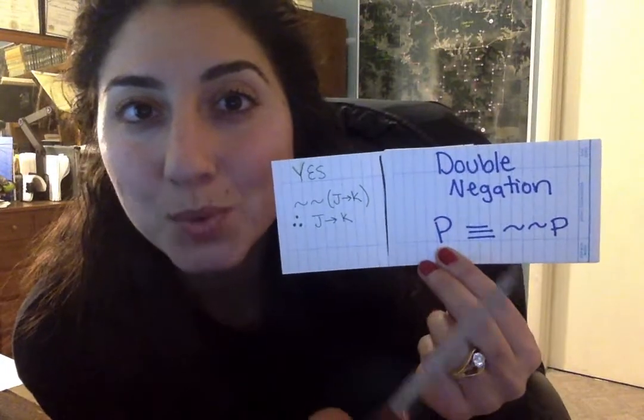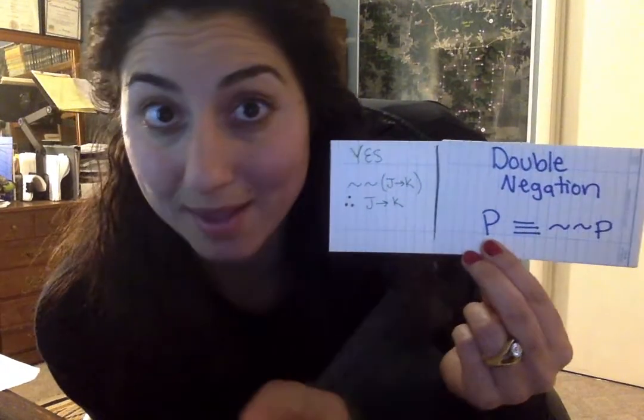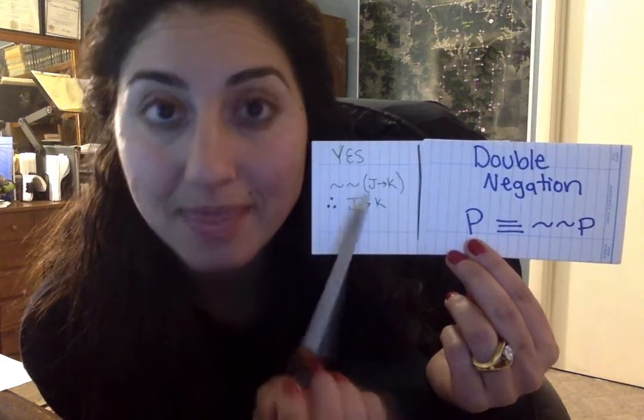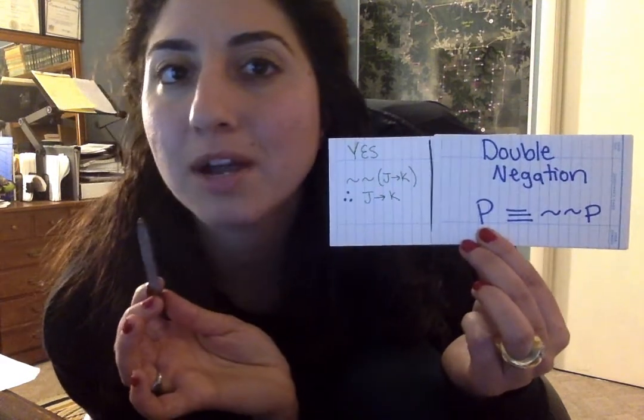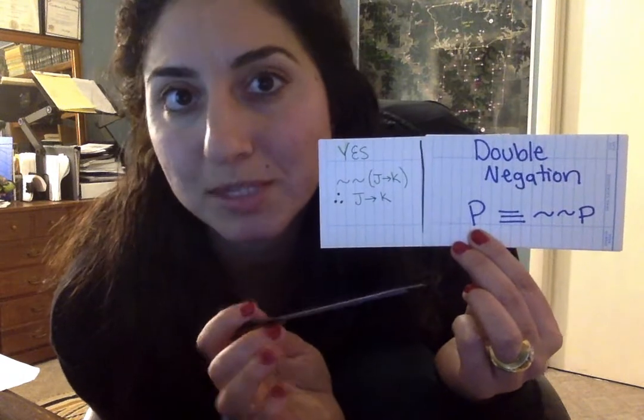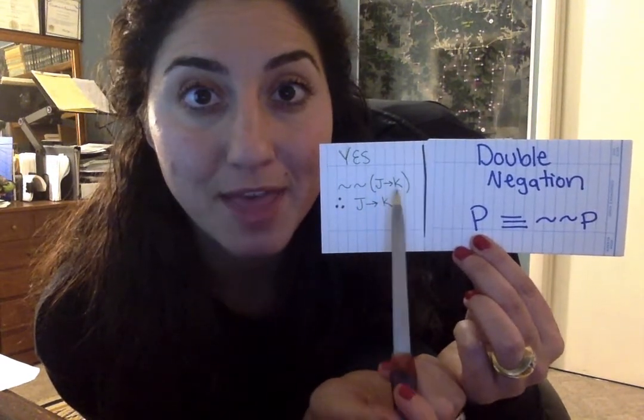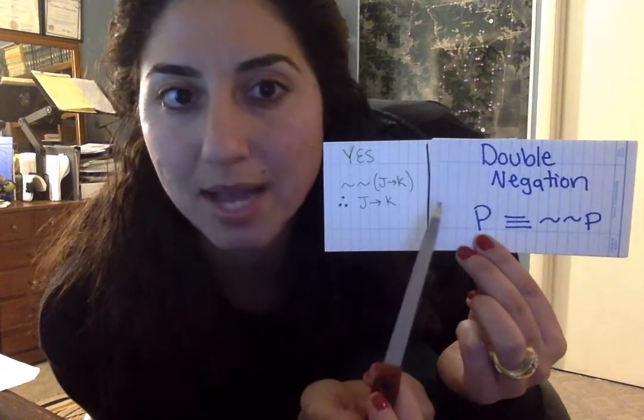Let's have an example. So here is the rule of double negation used correctly. This is okay. We have a tilde tilde, and then the parentheses, which says that we're kind of offsetting the next argument or premise. And the statement is that if J, then K, and that's where it ends.